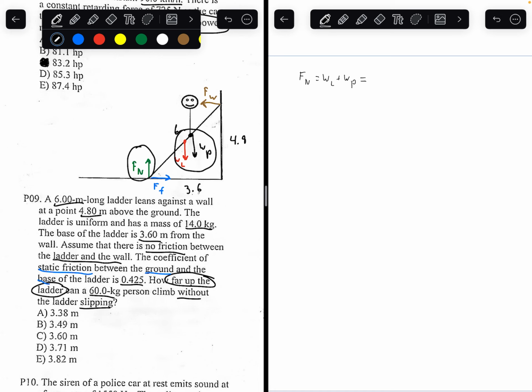Remember the formula for weight is mass times gravity. The mass of the ladder is 14, the gravitational constant is 9.8, and the mass of the person is 60, also times 9.8. So the normal force is equal to 725.2 newtons.